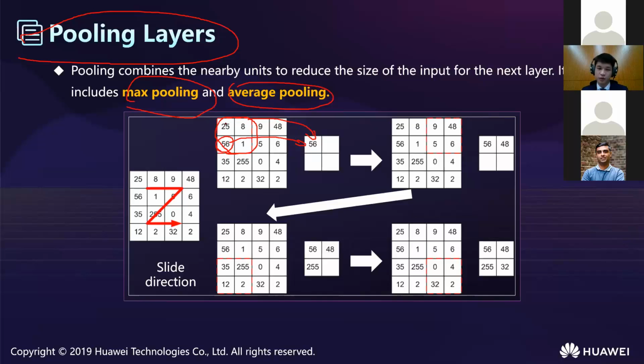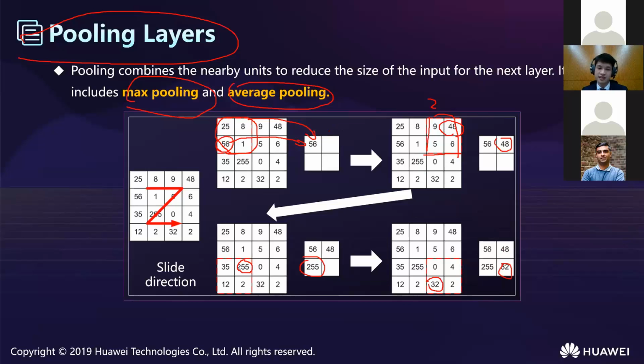So we will move the window from here to this position by 2 steps, and then the maximum value here is 48, and the maximum value here is 255, and here is 32.